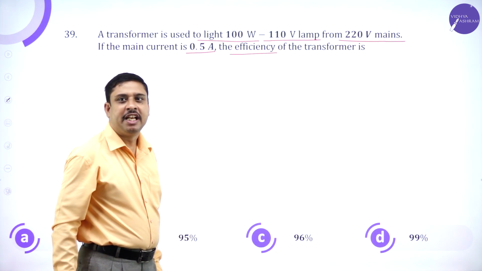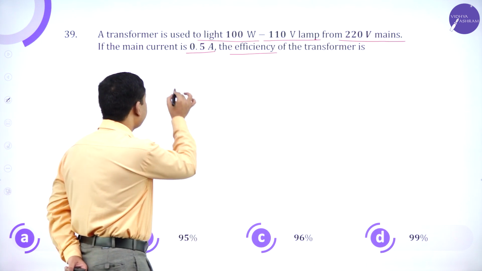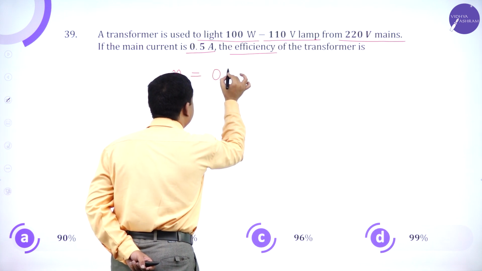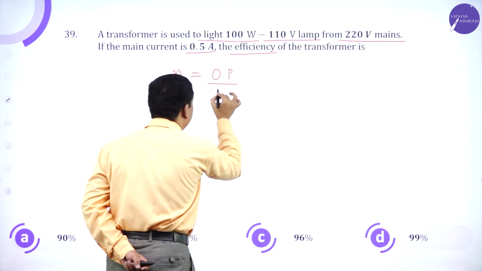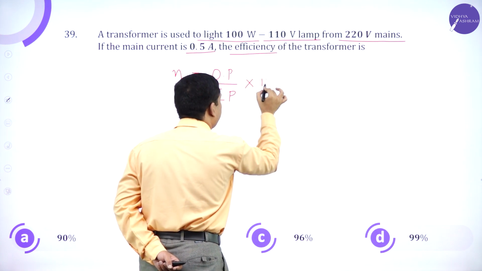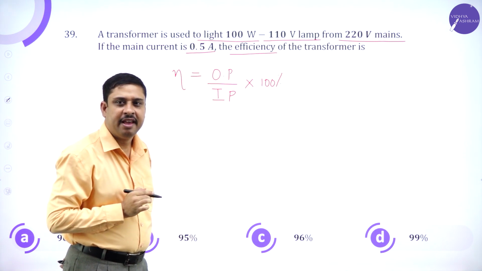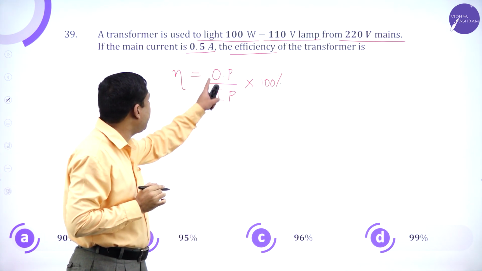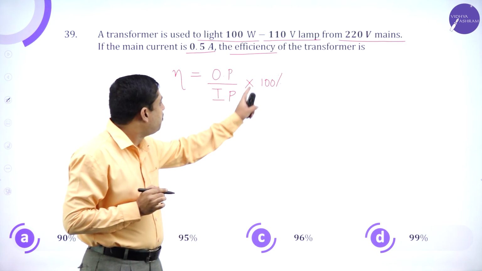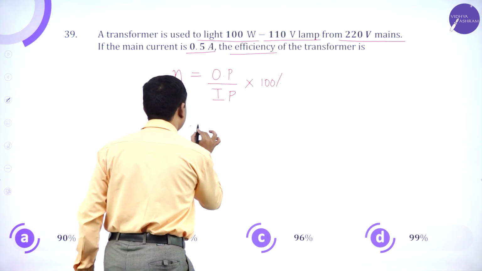Efficiency of the transformer has to be calculated. Always remember, efficiency is output power divided by input power into 100%. So how do we define efficiency? Output power divided by input power into 100%.